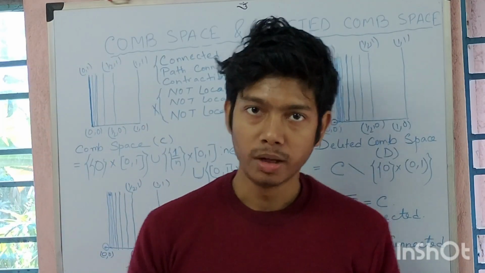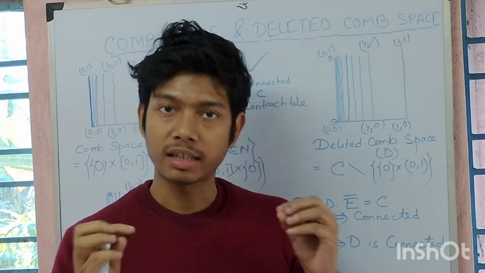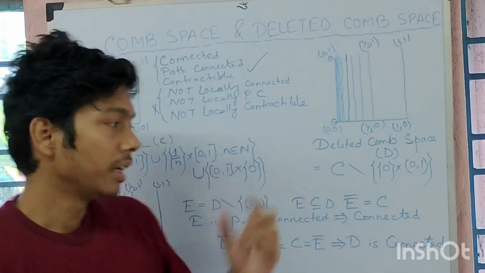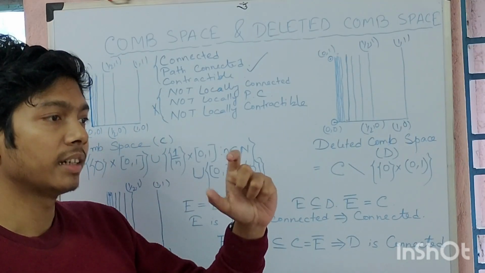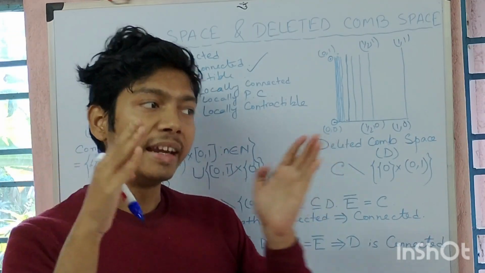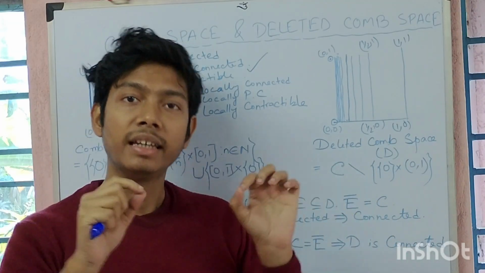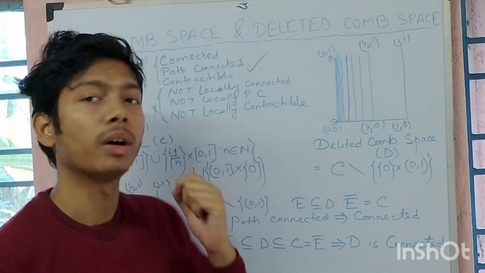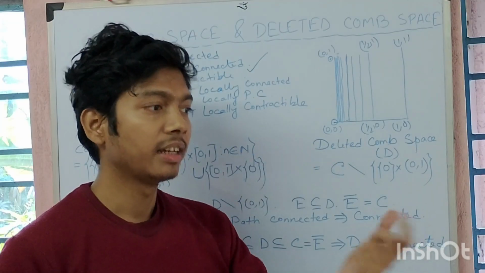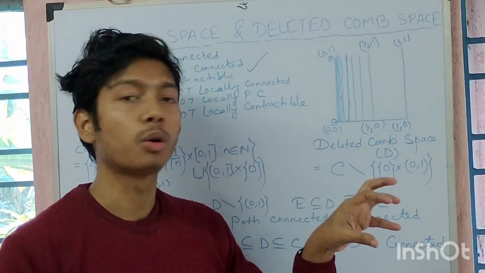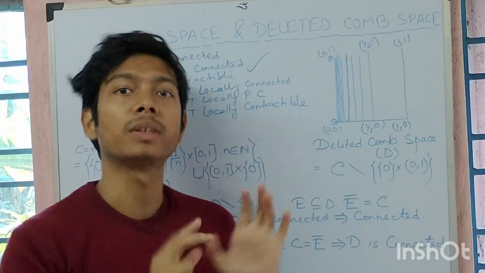Now you should know a beautiful thing in connectedness: if you take a connected set and its closure, then any subset between that connected set and its closure is always connected. I am telling it another time: any set that is between a connected set and the closure of that connected set is always connected.